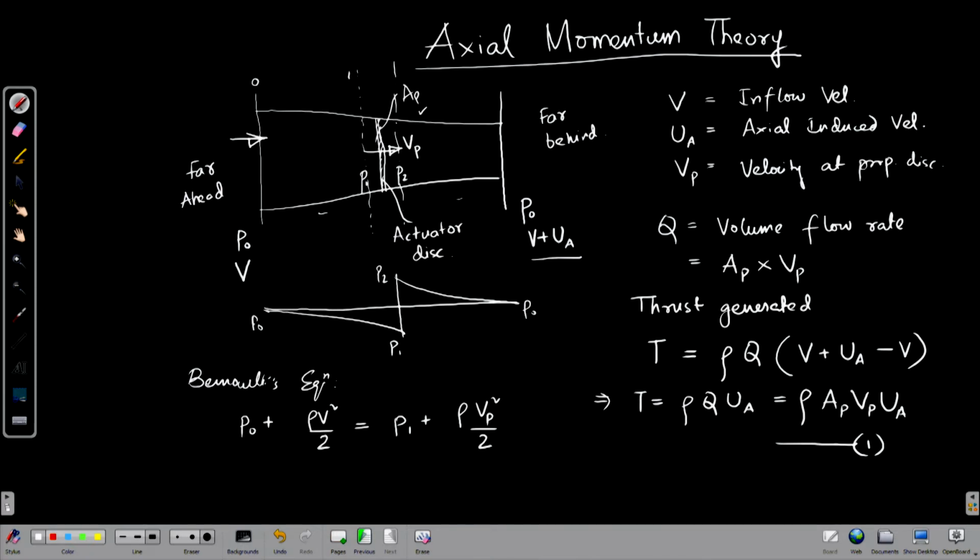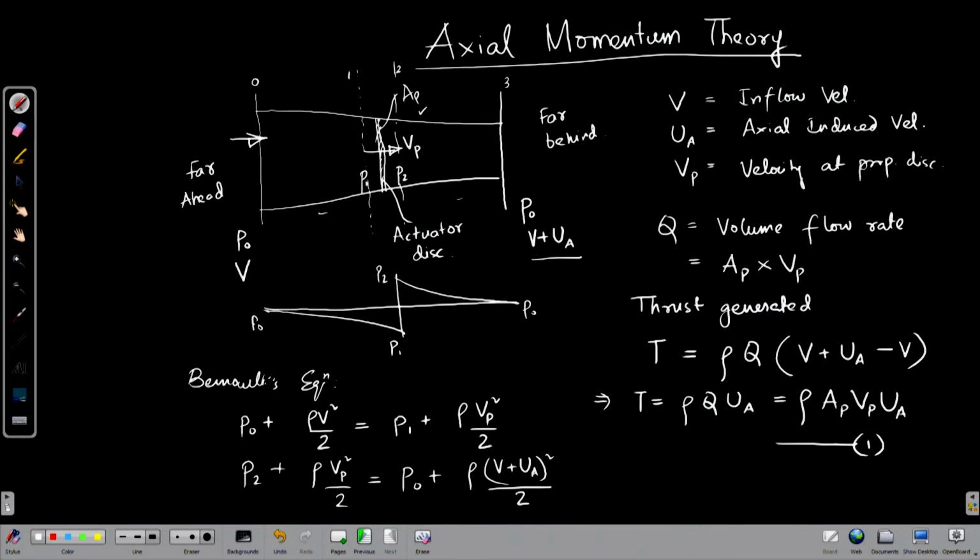Now, if we write the equation again between section 2 and the section far astern, let us say 3, what do we get? The pressure at 2 is P2. So, P2 plus rho Vp square by 2 equals, with the pressure P0 at 3, P0 plus rho (V plus UA) whole square by 2. This second equation we are writing behind the propeller disc.